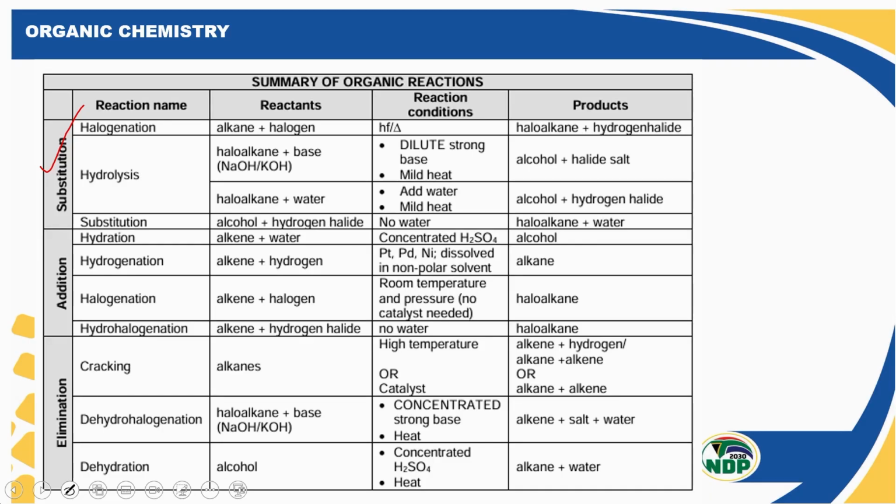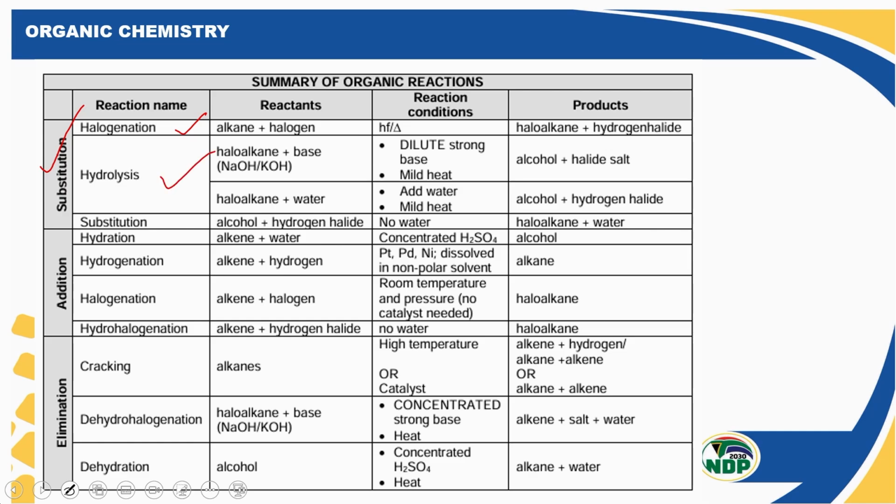So we then have the third question, which is organic reactions. Now, there are different reactions that we look at. Because this is an overview, we are just going to go over the reactions that we have. Reaction number 1 that we are looking at is substitution. There are 2 substitutions that we look at, your halogenation and your hydrolysis.